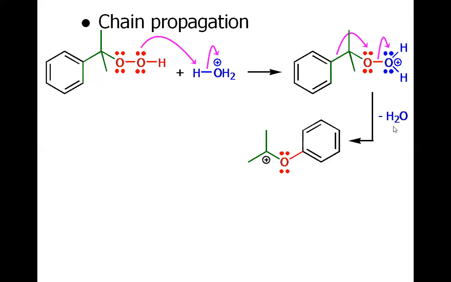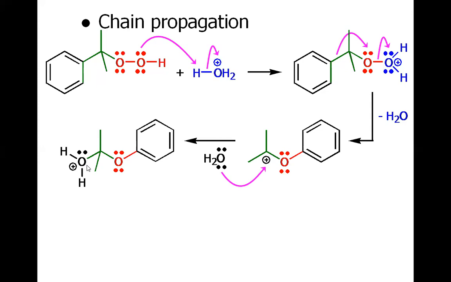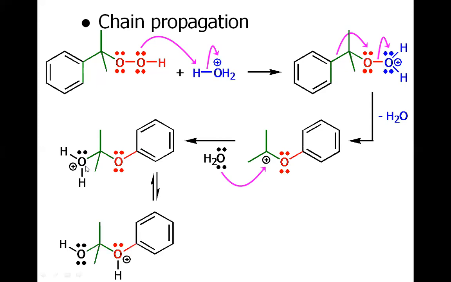So we have the water as a byproduct, and this is formed as a result of the 1,2 carbon to oxygen migration. And then this water, which has just been formed, will attack this electrophilic carbon to have this intermediate. And then there is a proton shifting. This proton may shift here, and then there will be an acetone formation.